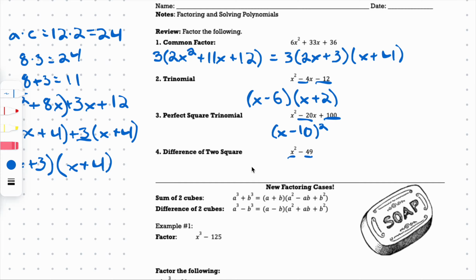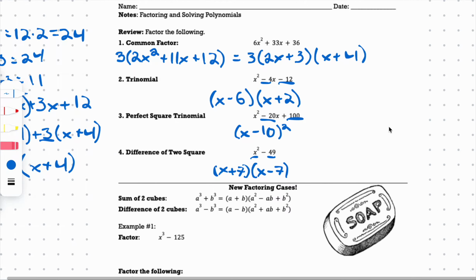So the square root of x squared is just x. The square root of 49 is 7. So we're going to have x and 7. And we want the 2 terms to be opposite signs, because we want these 2 parentheses to be conjugates of each other.